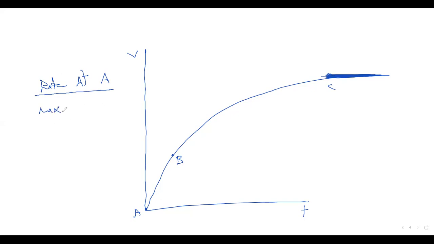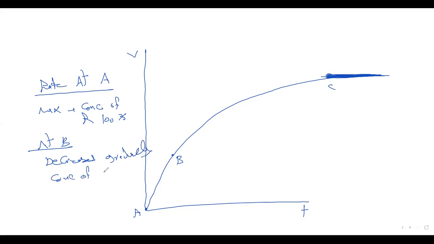Explain why it's maximum. Concentration of reactants is 100%. At B, it decreases gradually. Why does it decrease gradually? Because the concentration of reactants decreases.